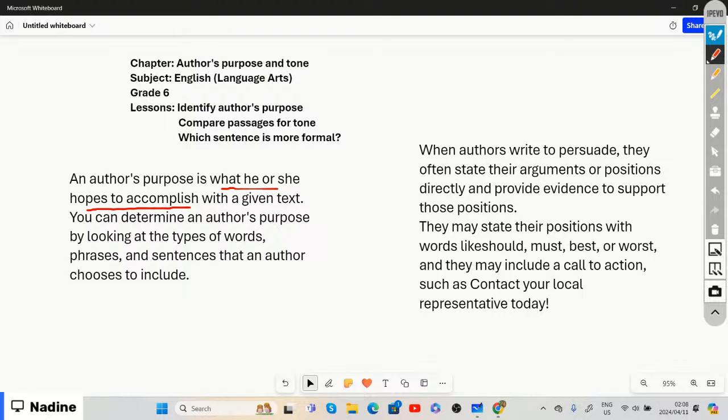All right. So when an author writes to persuade, they often state an argument or set a position directly, and they provide evidence to support those positions.